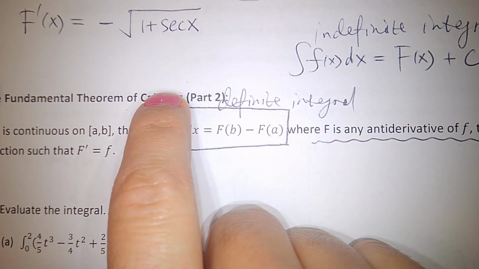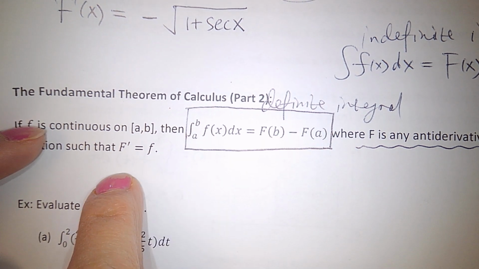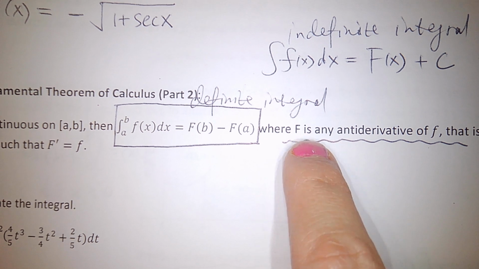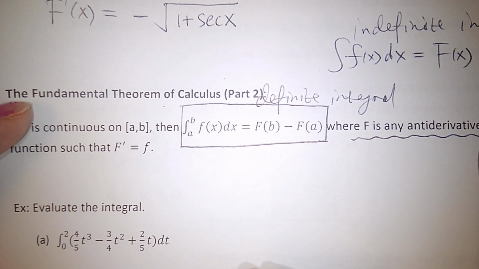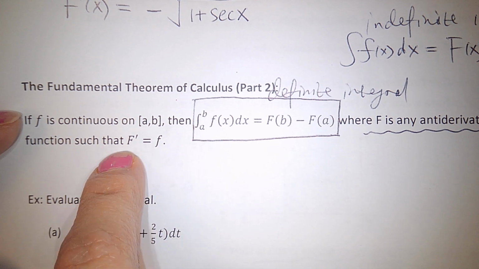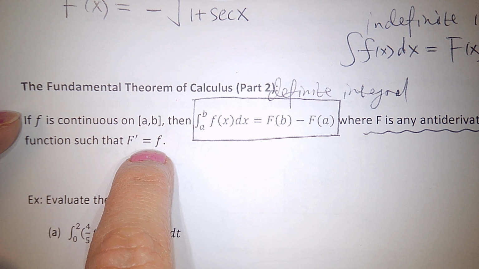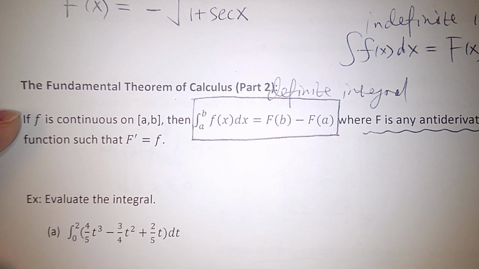This is part of the conclusion from part 2, okay? The most important thing is that capital F is an antiderivative of f. That means when we differentiate capital F, we'll have f, right? So how can we understand this part 2?